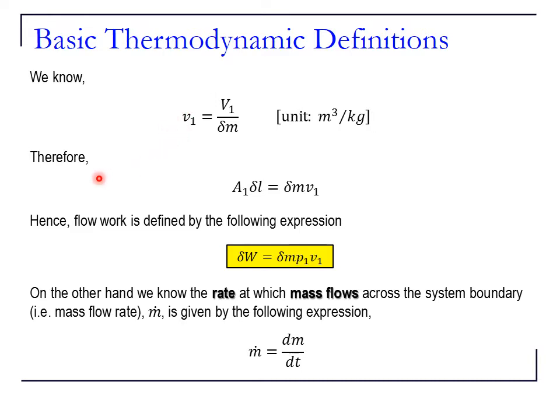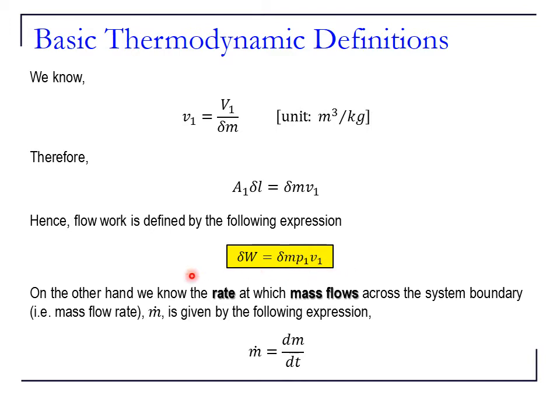Therefore, we can write A times delta L, which is V, and is equal to the small mass times the specific volume. So finally we get this one, which is in yellow background. This defines the flow work. So the flow work can be defined by delta m, the mass, times P times v.